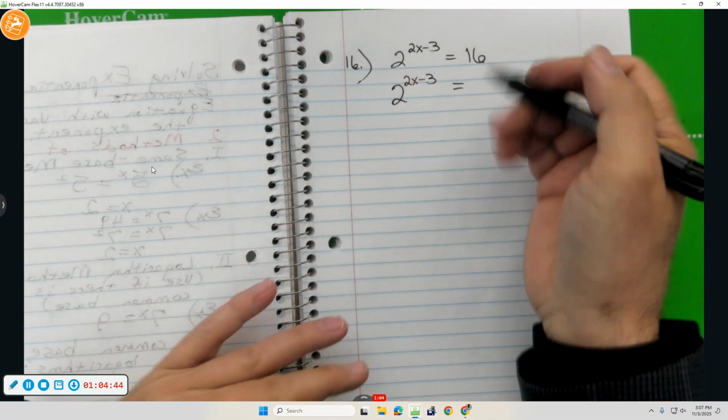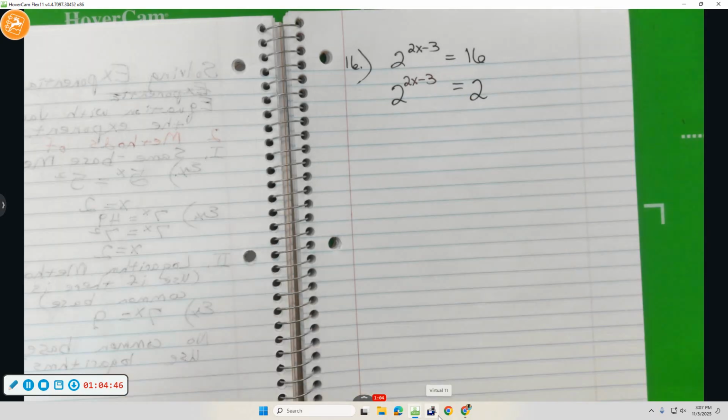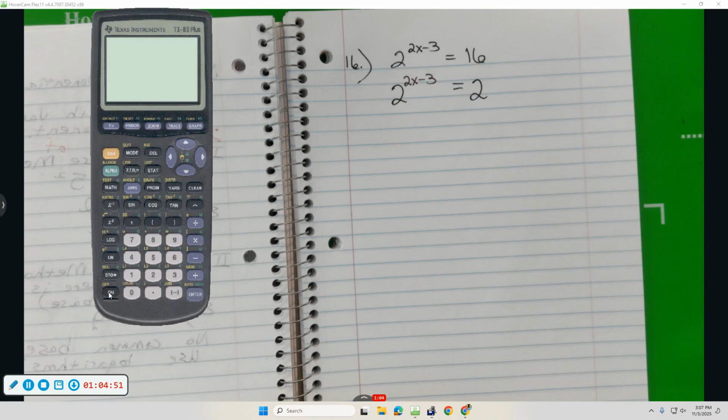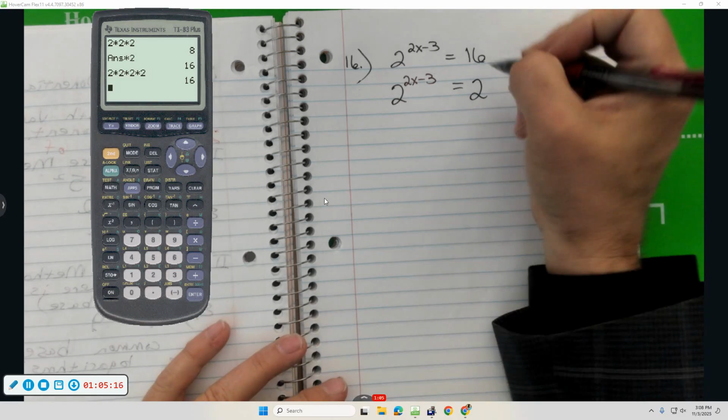We better be able to write 16 as 2 to a power. 2 to what power gives us a 16? 2 to the first is 2. 2 squared is 4. 2 cubed is 8, 2 times 2 times 2. What about 2 to the fourth? 2 raised to the fourth power. Sure enough, that gives me 16.